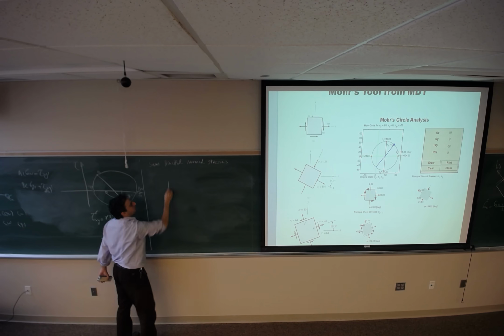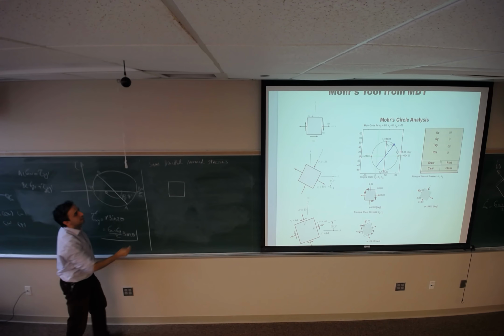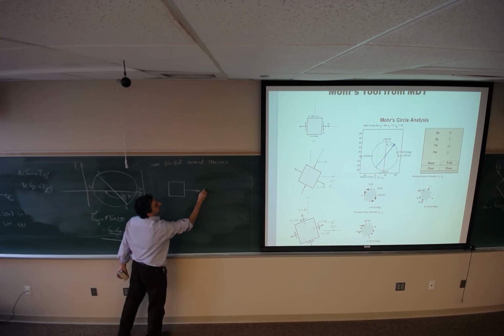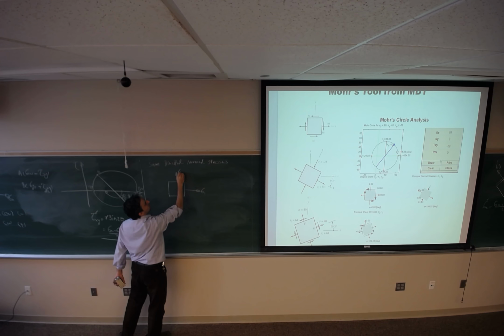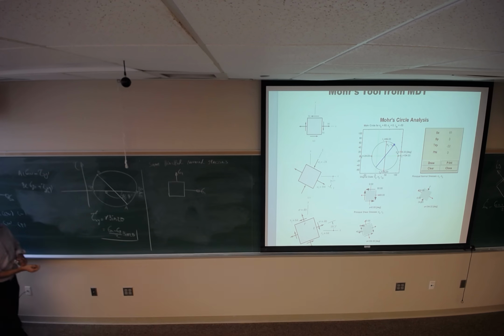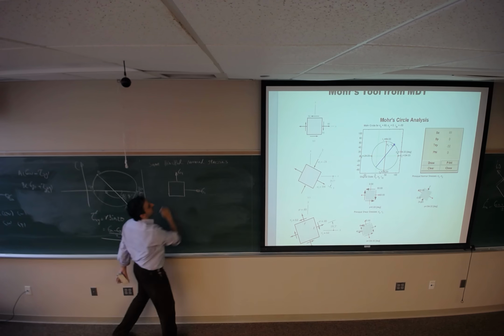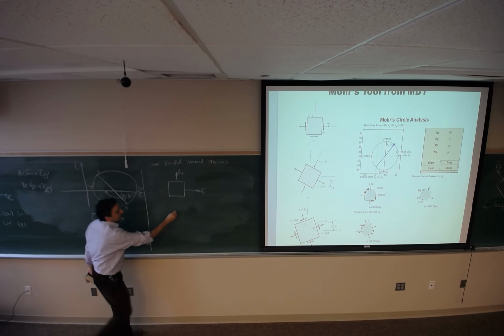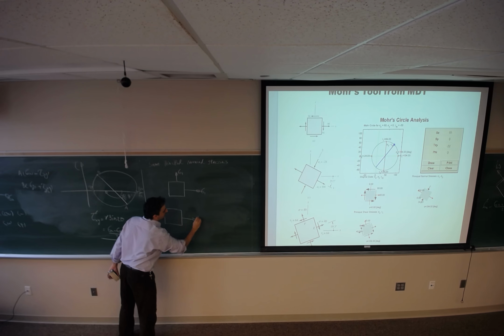Suppose the stress element that we have here has the same principal normal stresses of sigma 1, sigma 1. They have the same value. Since they are principal normal stresses, we don't have any shear stress. For example, 10 megapascal and 10 megapascal.